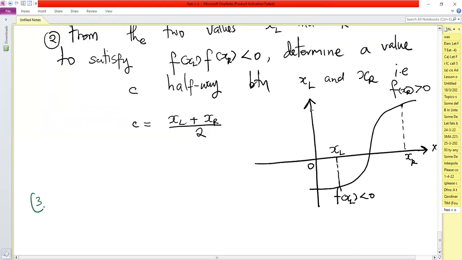So step 3, part 1 of 3, if f of XL and f of C have opposite signs.